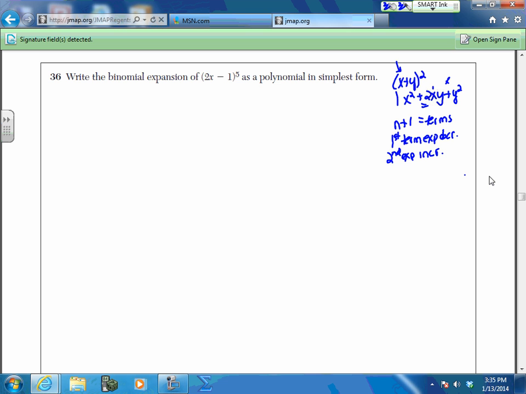You also notice the 2. These coefficients are Pascal's triangle. Those are combinations. So this exponent of 5 is going to give you 6 terms: 1, 2, 3, 4, 5, 6. Everything starts with a C. That's what gives you the Pascal triangle coefficients.